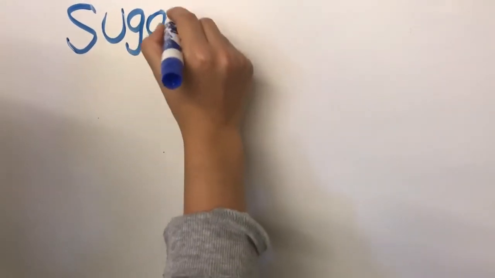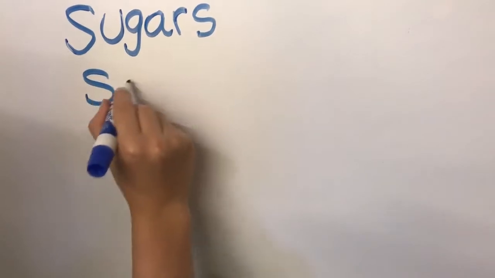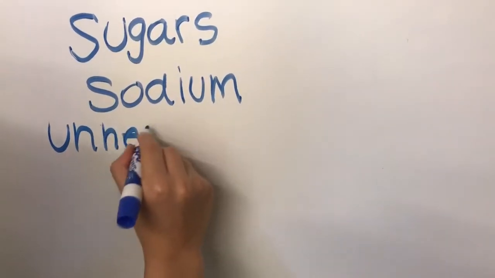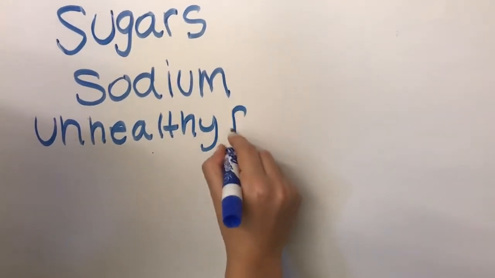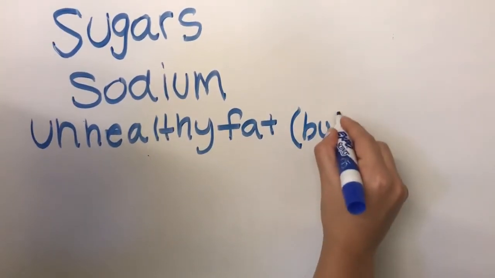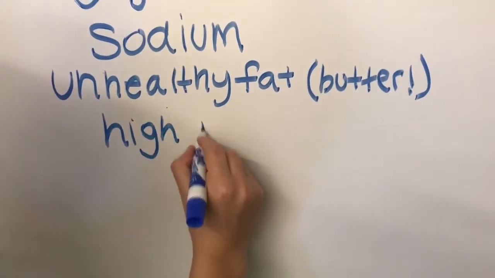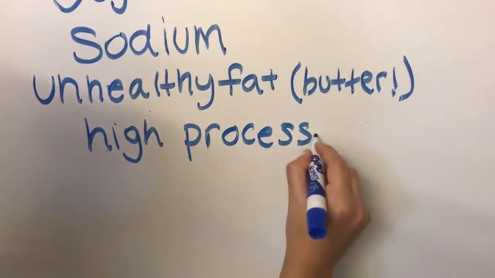Many of these options are loaded with sugars, sodium, and unhealthy fats. Some kids take this as an opportunity to eat healthy foods, while others take this as an opportunity to eat highly processed, prepackaged foods like ramen noodles, mac and cheese, and frozen dinners.